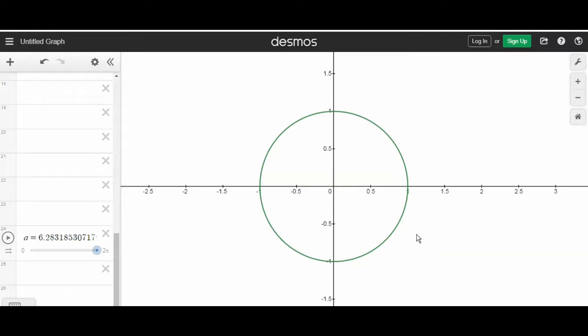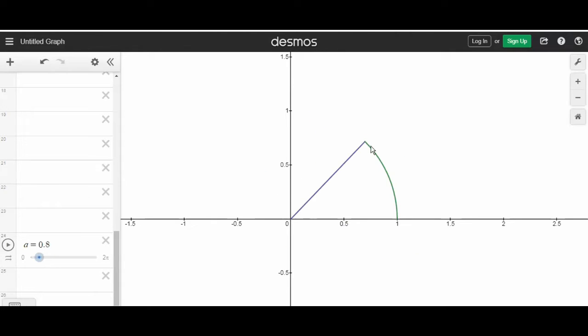Let's add another line here. So this is Cartesian coordinates, which we're familiar with. And I've sliced this circle again. And that tells us if this distance from this point all the way over here was pi, and we've cut that in half again, what distance would we travel from this point up to here? Well, just pi divided by 2.